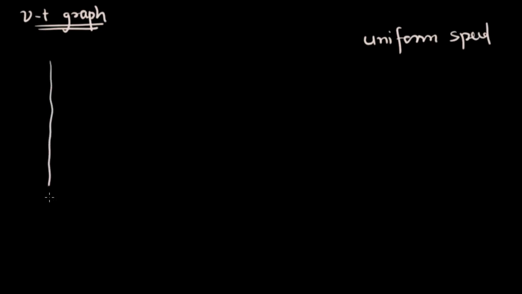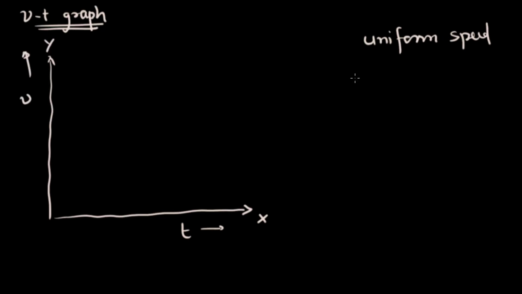So let me start with the axes. Time goes on the x-axis and velocity goes on the y-axis. Let me put y there. And right at the start of the case, say the body is moving with a constant velocity of 5 meters per second. I need to be sure about the unit, that's meter per second.